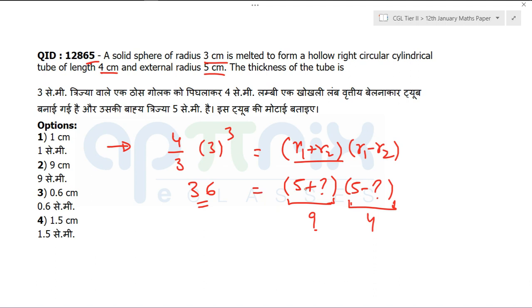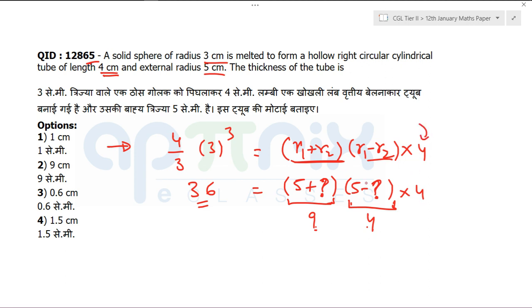But the thing is, will this question mark value match? If you have this particular relationship and you write it this way, there is some mistake we are making. What? We did not use this particular length, that is 4 here, because it is the R1 radius and then we have a length as well.